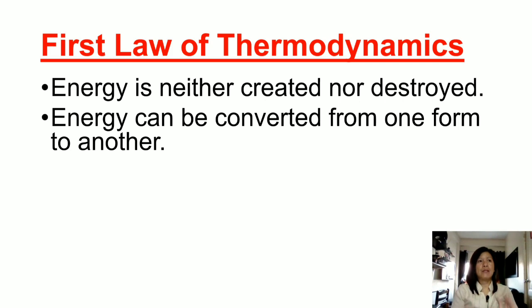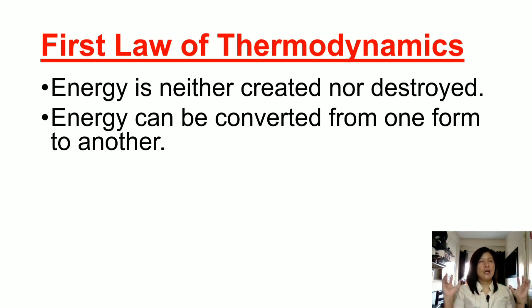So, nagpapalit-palit lang ng form yung energy. As one object possesses a certain amount of energy, that amount of energy may be transferred to another body, or that form of energy may be transformed or converted to another form of energy.